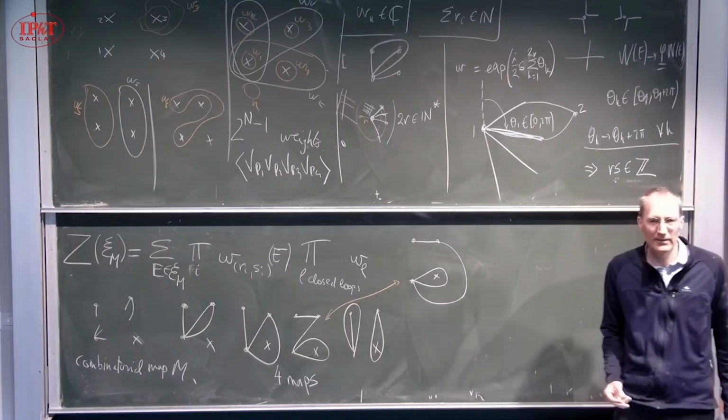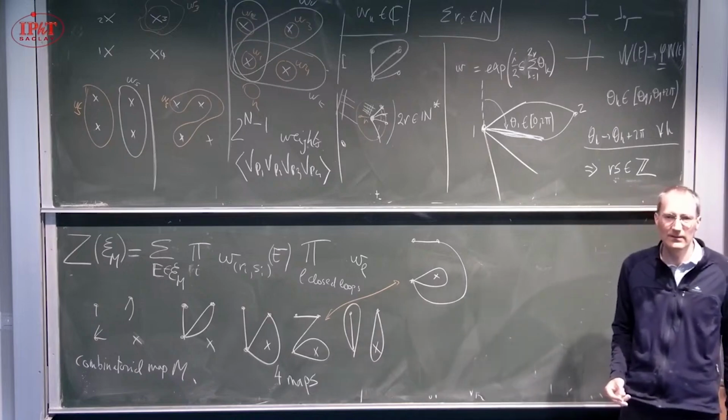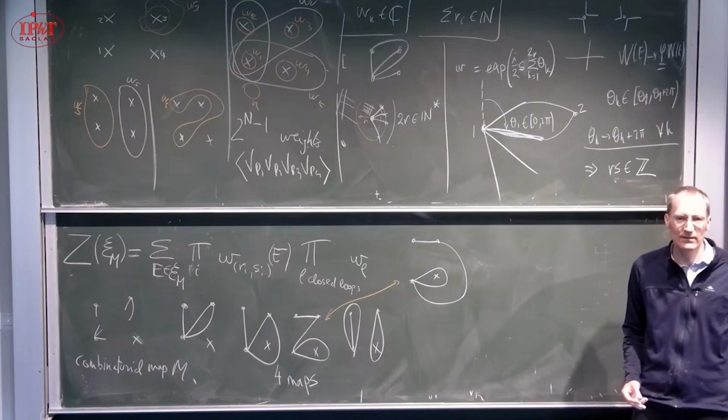Okay. The maps without this restriction that you can move like that, aren't they counted by some matrix model, and are they finite?